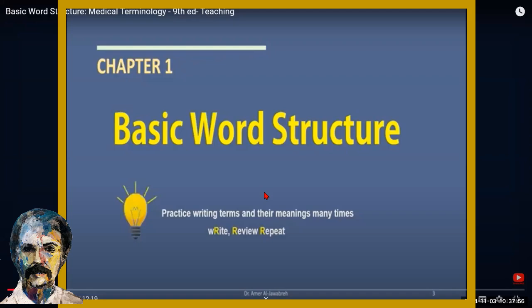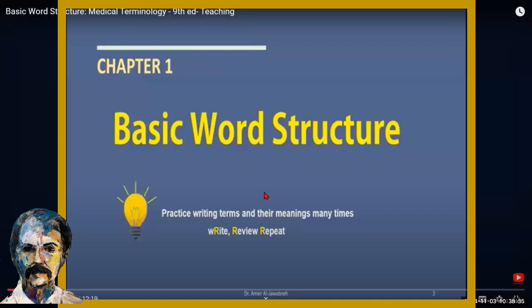Usually we have to study lecture by lecture to catch up with things. And we have to write, either on paper or using your tablet or your laptop. But writing is something that makes things stick in your mind. Secondly, you have to review.